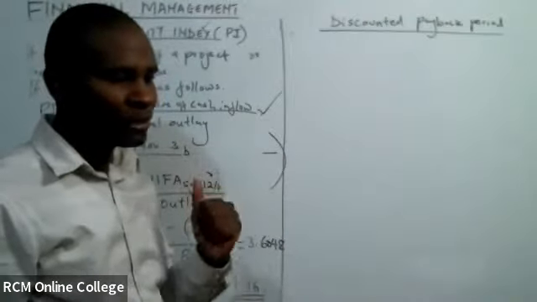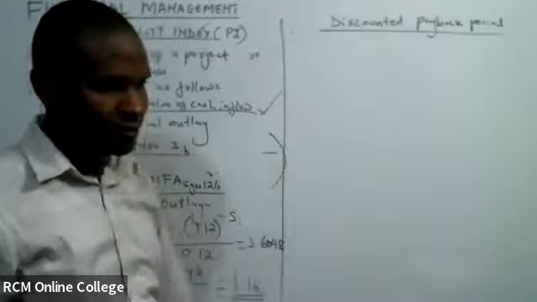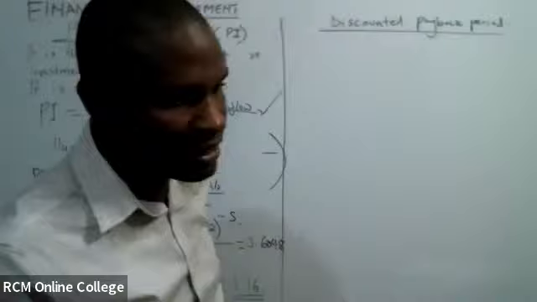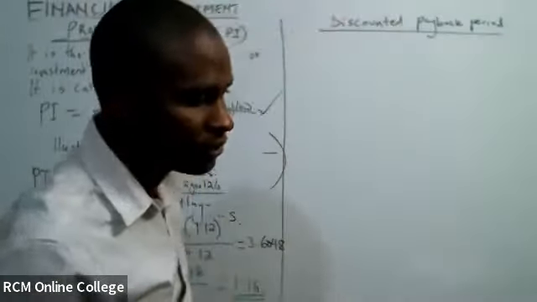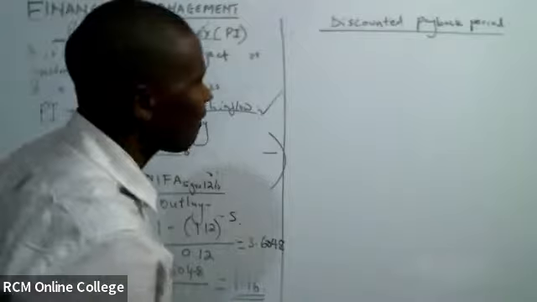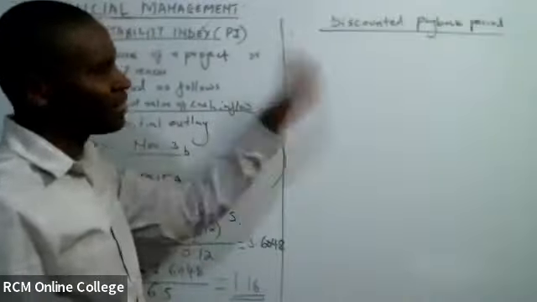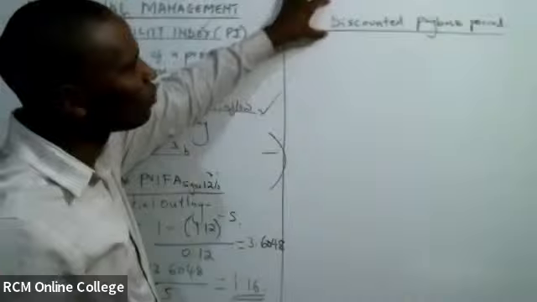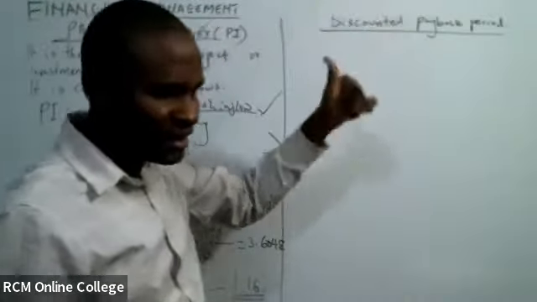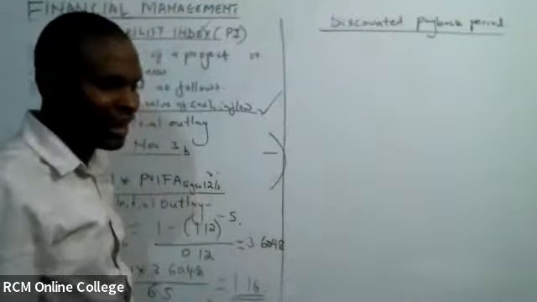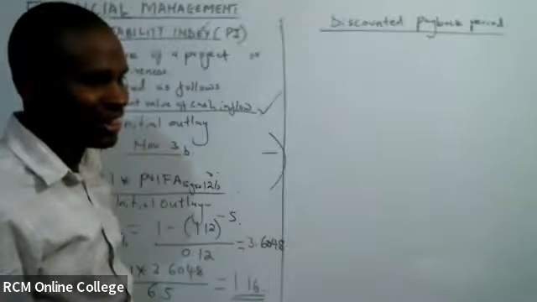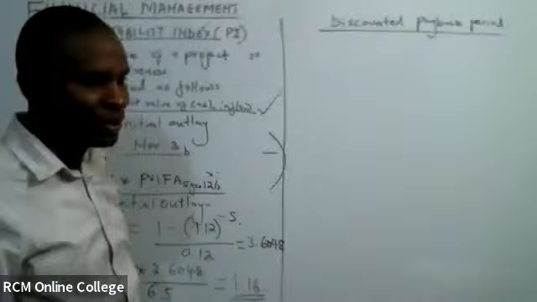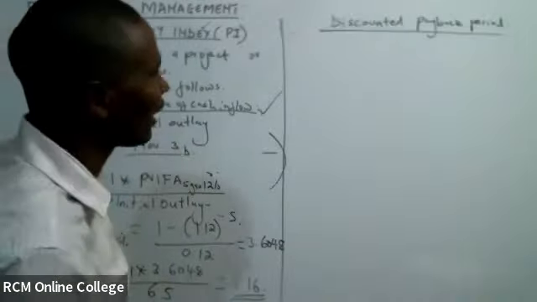How many years do we take to recover what we invested at the start? That is what we mean by the payback period. So in this case, we just follow the formula that we had. The only thing is that we shall now discount the cash flow, removing it from being traditional to bringing it to modern.